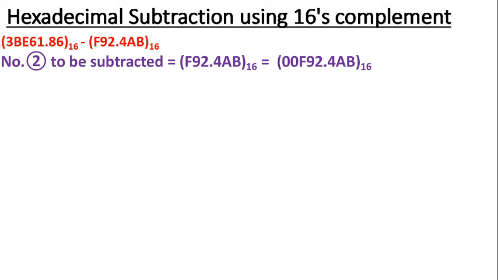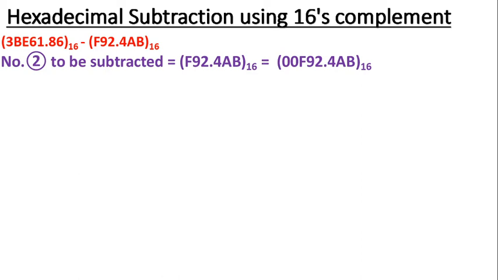00F92.4AB. What we have done here is appended 2 hexadecimal zeros to the left side. The value of the second number will not change. But this is essential whenever we go for subtraction by using the method of complements.